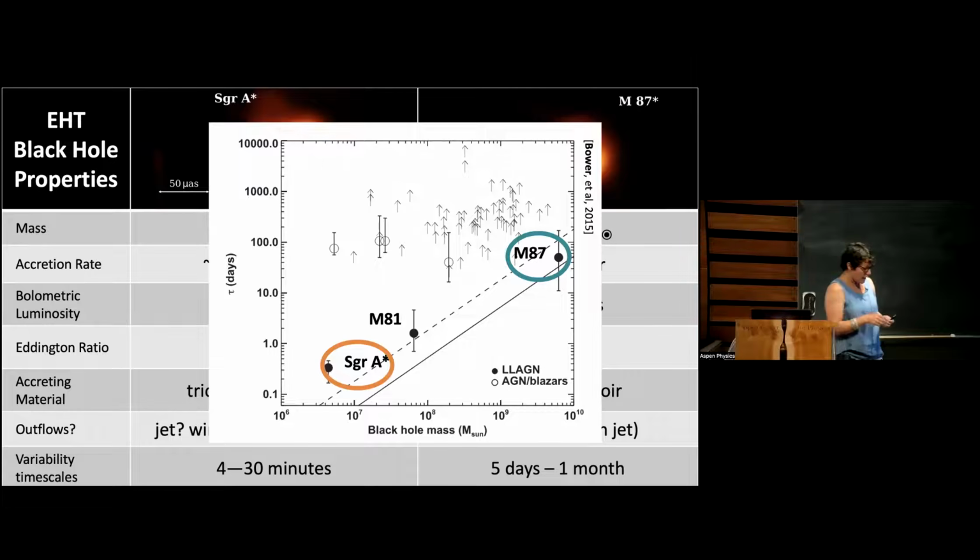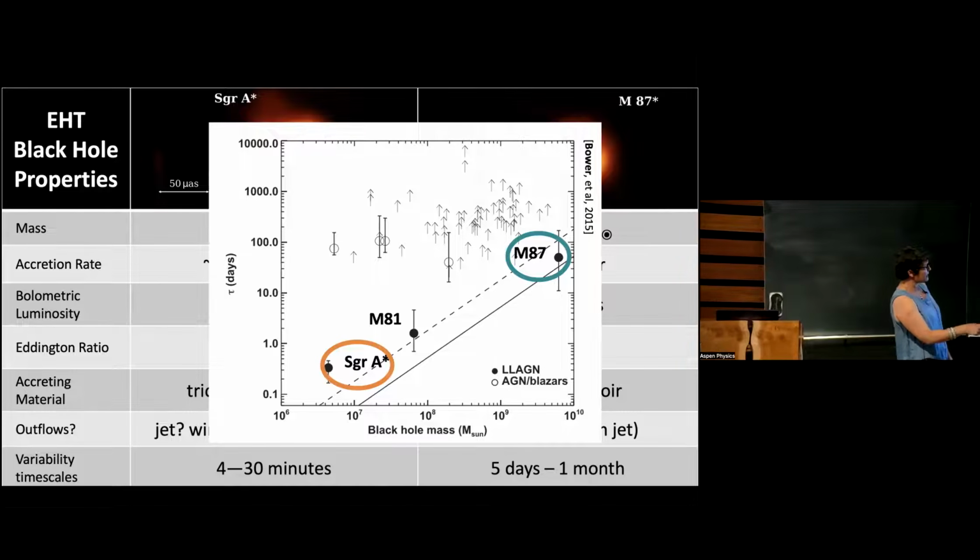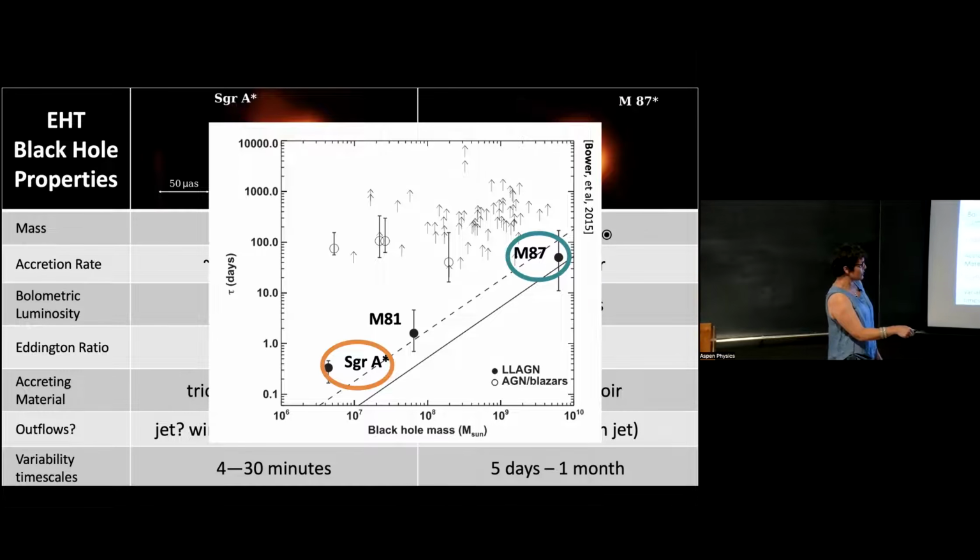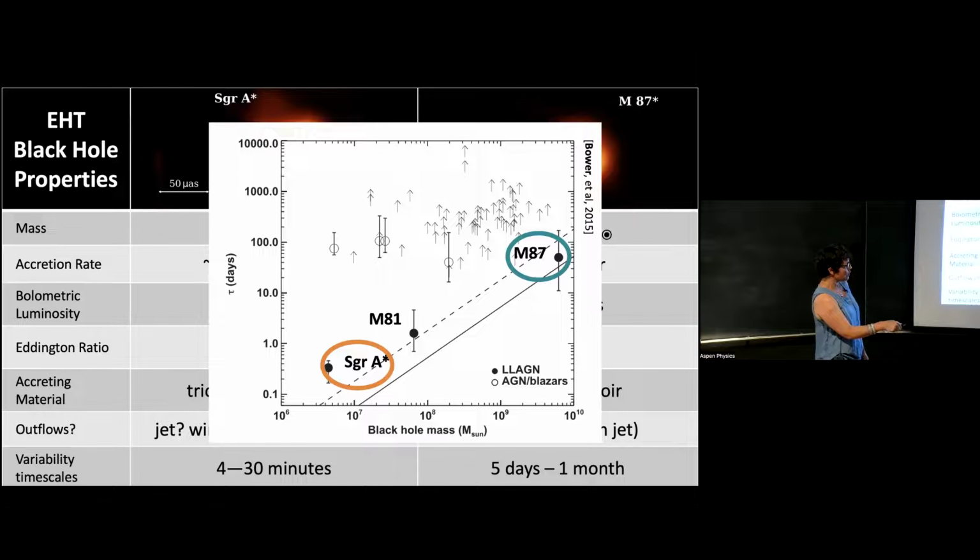So this is a plot of the characteristic time scale versus black hole mass. Again, here is this low mass black hole and this higher mass black hole, and you can see these time scales reflected in this plot. The lower mass black hole varies on very short time scales, 4 minutes to 30 minutes, and this bigger mass black hole varies on longer time scales, 5 days to a month.